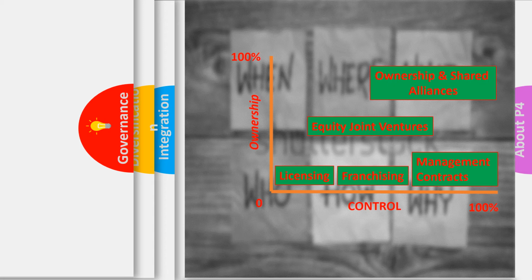And likewise, the least risky option can be seen to be licensing in terms of investment of your own resources. However, your ownership and control are going to be minimal in comparison to other ways of entering the marketplace. So the factors that you need to really take into consideration are, what do you want? Ownership, control, combined with the degree of risk, which are factors that need to be thought out.